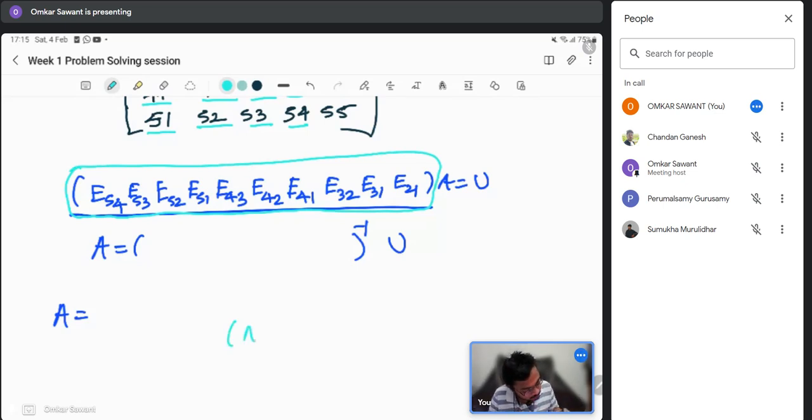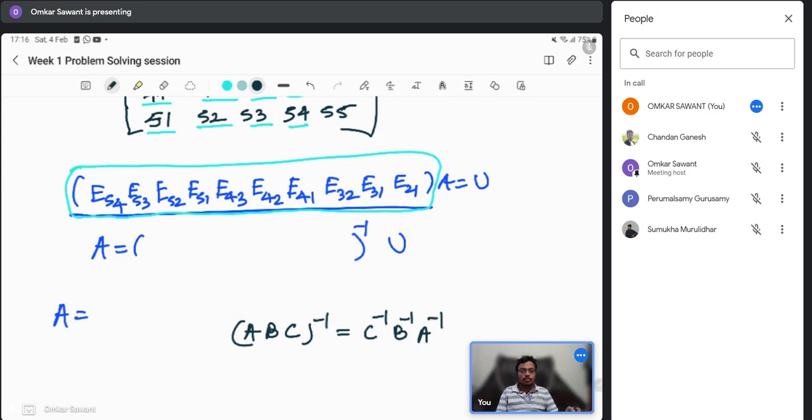If I am writing A into B into C inverse, the result will be C inverse, B inverse, A inverse, in reverse order, right?